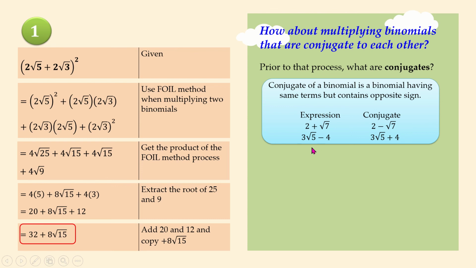If the given expression is 3 square root of 5 minus 4, its conjugate is 3 square root of 5 plus 4. They have the same terms, but opposite sign: one is minus, the other is plus. So that is the meaning of conjugate.